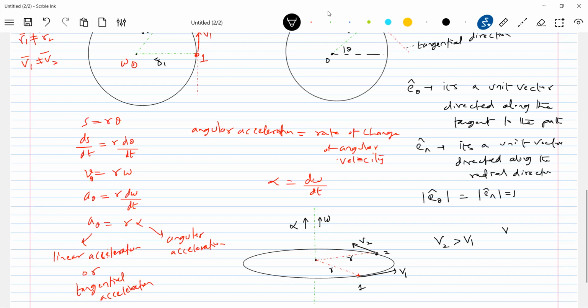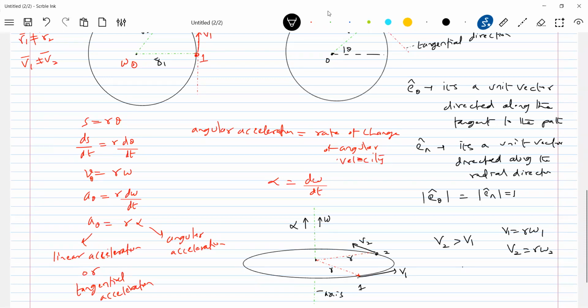Alpha is also an axial vector, directed along the axis.